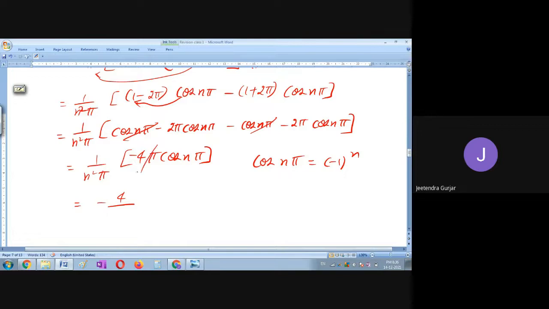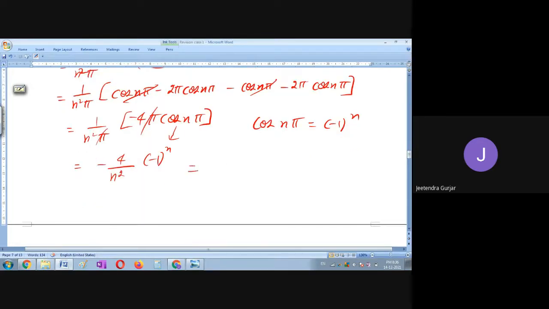So this pi and this pi will get cancelled. Minus 4 upon n square, minus 1 raised to n. I have just substituted this value. Or simply you can write, you can take minus here. So it will be 4 upon n square, minus 1 raised to n plus 1 is the answer.